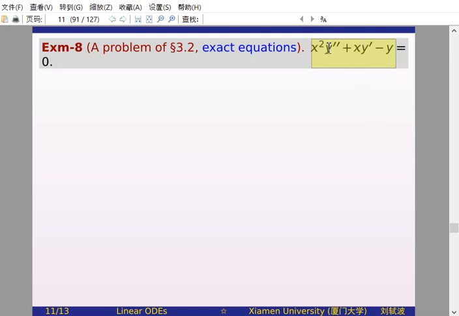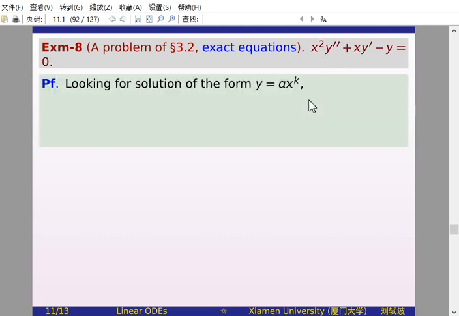Similarly, x squared y double prime is also x^k. Therefore, it is possible that this equation has a solution of the form y equals a x^k. So we want to find a solution of this form.